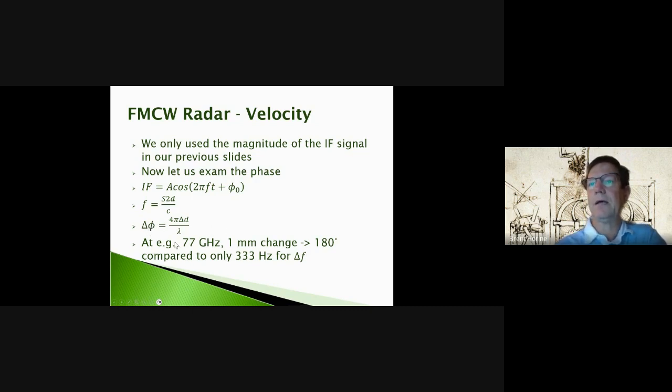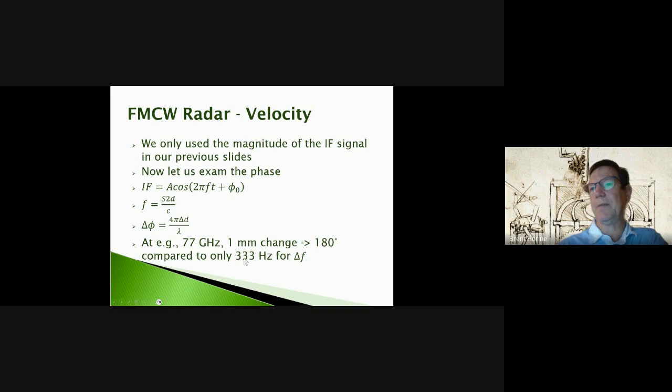For example, at 77 gigahertz, a 1 millimeter change will produce about 180 degrees of phase shift. But if we just looked at this term, the impact on this term would only shift 333 hertz. I didn't double check these numbers, but I'm pretty confident in them.